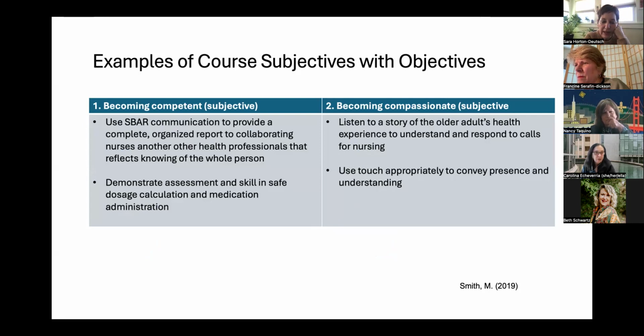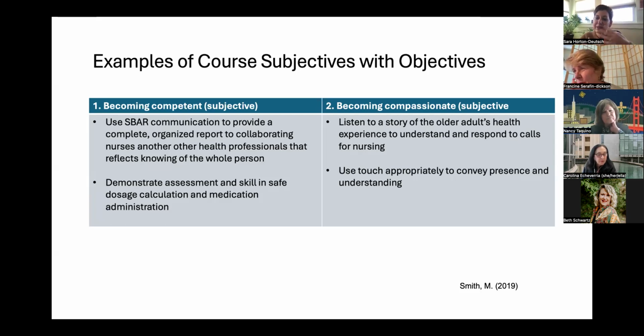They say use SBAR communication to provide a complete, organized report to collaborate with nurses and other health professionals that reflects knowing of the whole person. And so they use SBAR to integrate into their interview process, but the goal is that they've demonstrated that they're knowing the whole person.